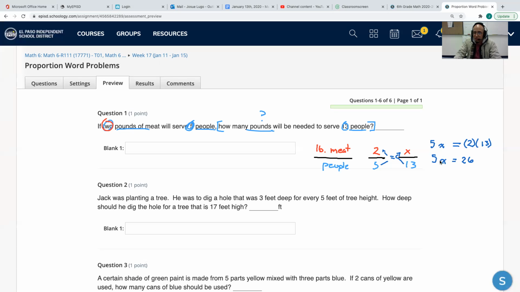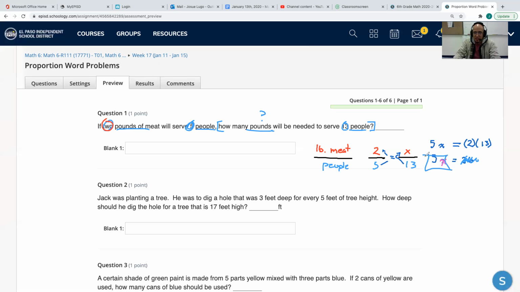Now let's just solve the equation. Whenever we're solving equations, we need to always, say it with me, isolate the variable, right? So we want the x to be by itself. That means we need to get rid of this multiplication by 5. The opposite of multiplying by 5 is to divide by 5. And guys, we're always going to focus on the side with the variable. It doesn't matter what's on the other side right now.